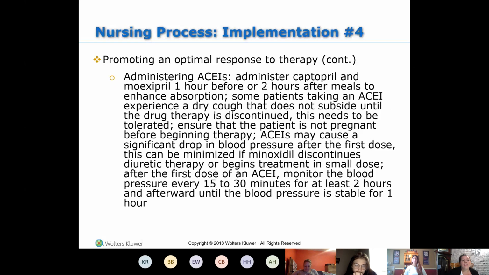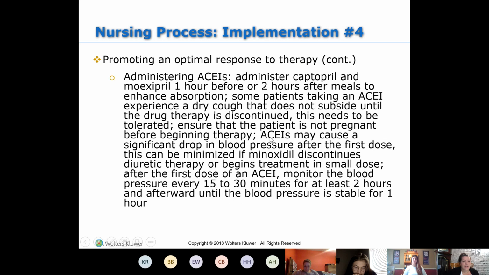And then if we're trying to promote an optimal response to therapy, administering ACE inhibitors, we want to administer captopril 1 hour or 2 hours after meals. And then we talked about that dry cough that does not subside until drug therapy is discontinued. We want to ensure that a patient is not pregnant before beginning therapy.